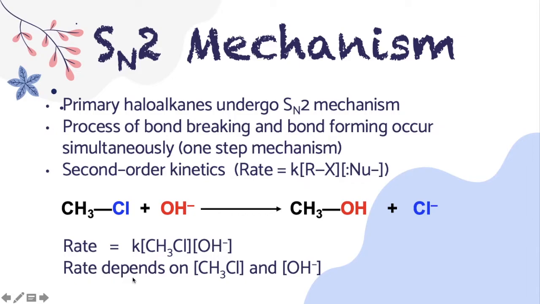So it means the rate depends on the concentration of both reactants, the haloalkane and the nucleophile. You must take into account the concentration of both in the SN2 mechanism. So that's why it is second order kinetics.